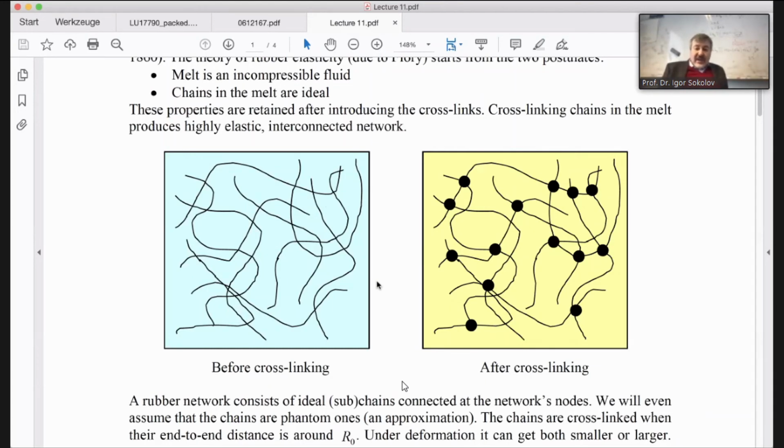And you can run with the concentration of cross-linkers so high that the subchains are too short for us to be able to describe them as ideal chains.